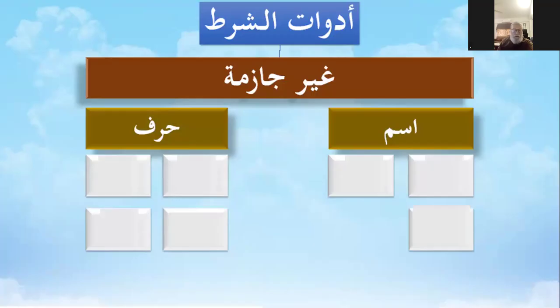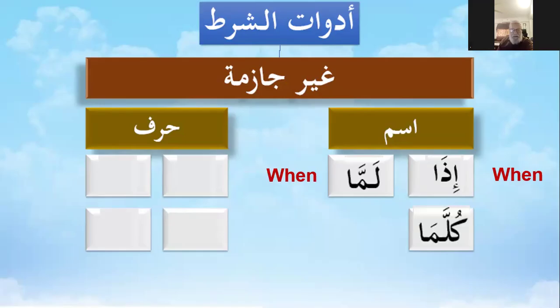Now come to the ghair jazima. There are certain words and letters which cause a condition or terms, but they don't change the verb. They are called ghair jazima. Among them are idha, meaning when, lamma, when, kullama, whenever.